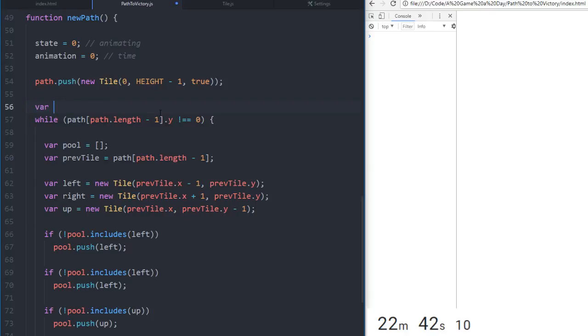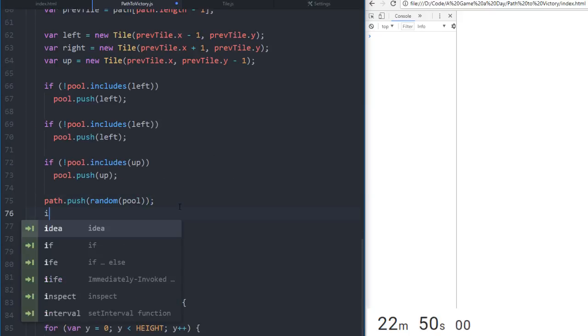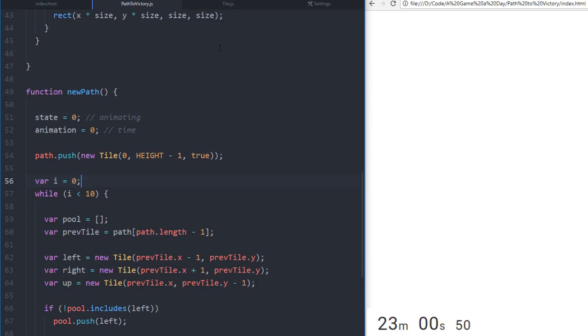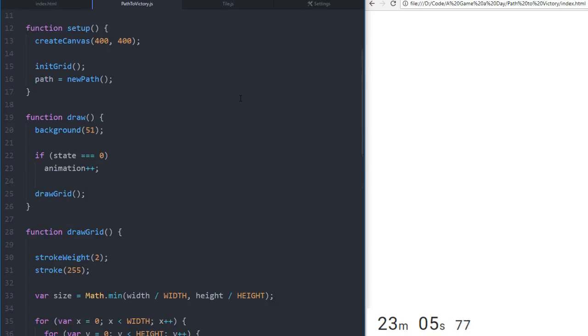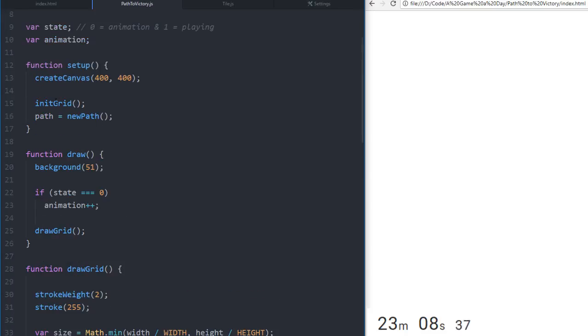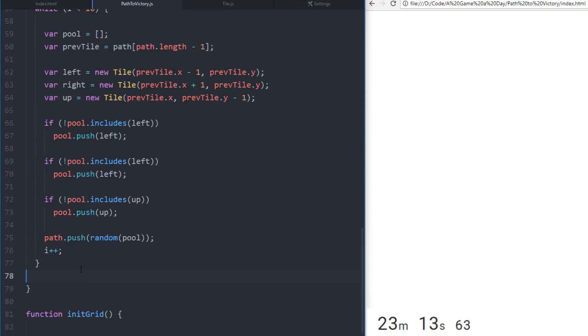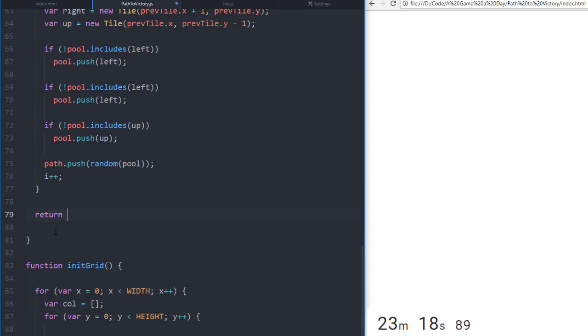Var i equals 0. Say i plus plus. Let's say here is while i is less than 10. That's what we'll say. Still not drawing, huh? Say new path. We have the init grid. Oh, my bad. Return. No, we don't need to.